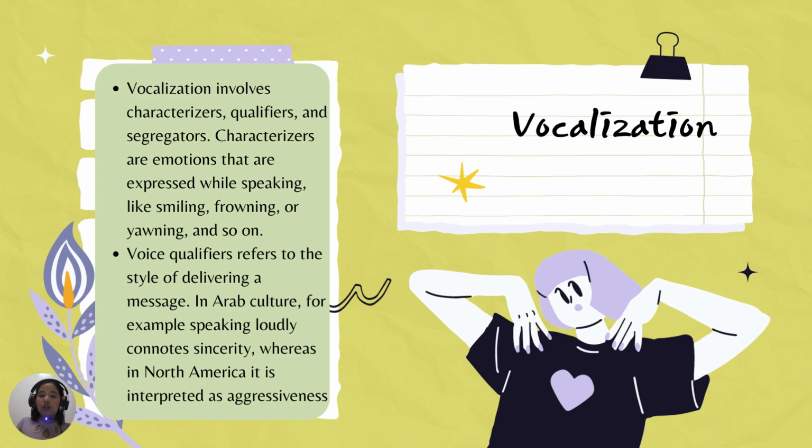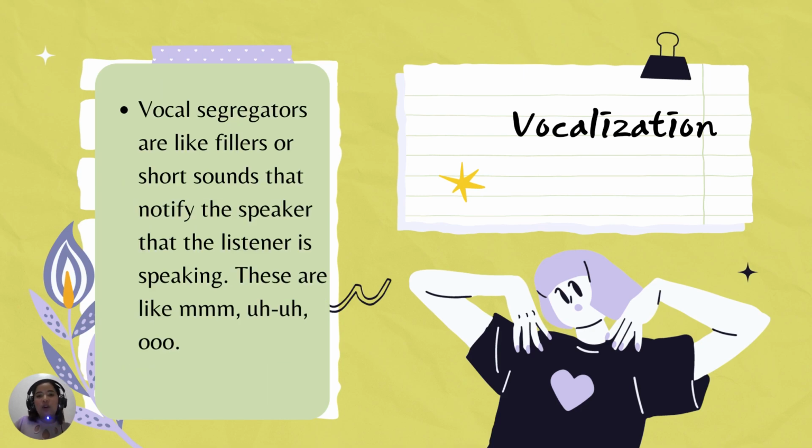So in short, they don't create misinterpretation, because by looking into their vocalization, their characterization, and of course the voice qualifiers, we will eventually look into what meaning they are trying to imply to us. So the next one is the vocal segregators.